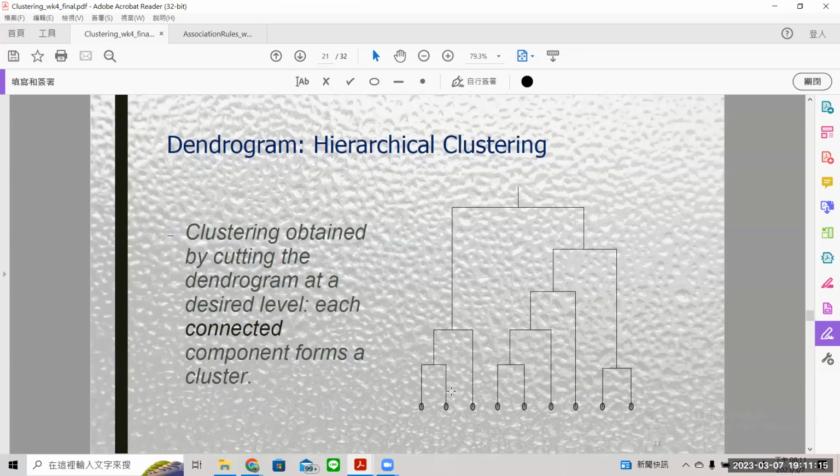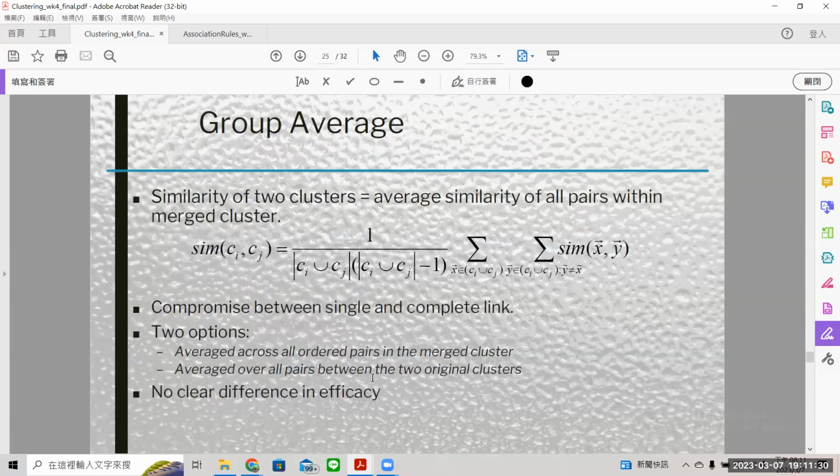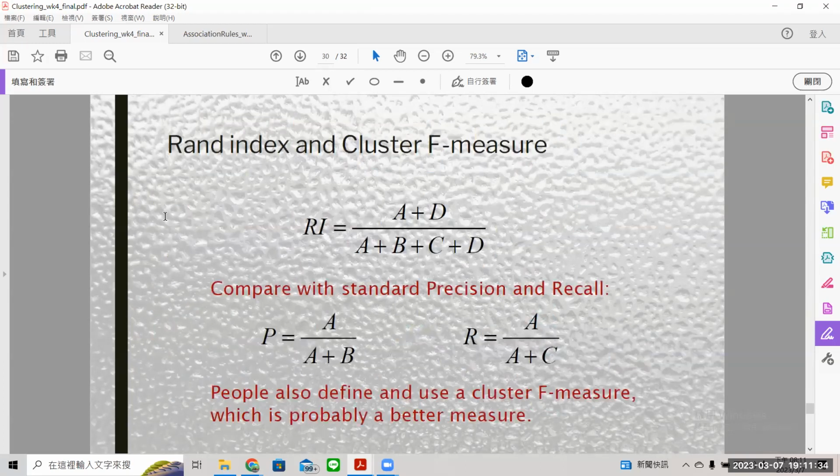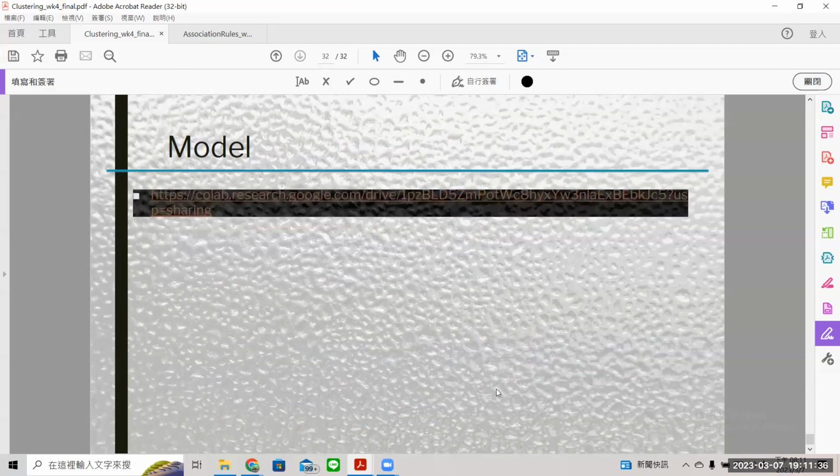Can we use a Python program to classify all the observed samples into a tree clustering like this? Yes, we can, sure. I already provided an example, so we go to the final page about the model.